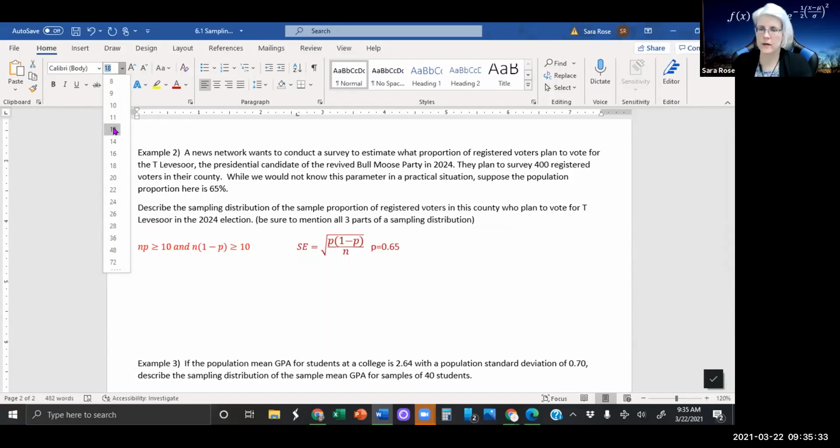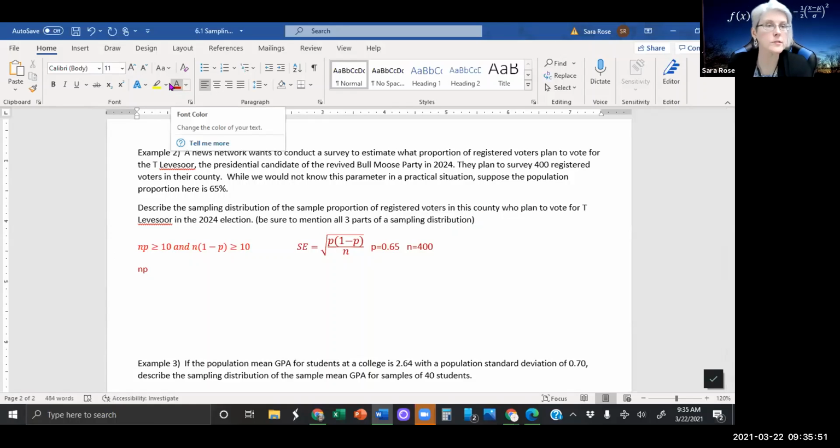Okay, and our number, N, is 400. So N times P is what? 400 times 0.65, 260, yes. Confirmation?